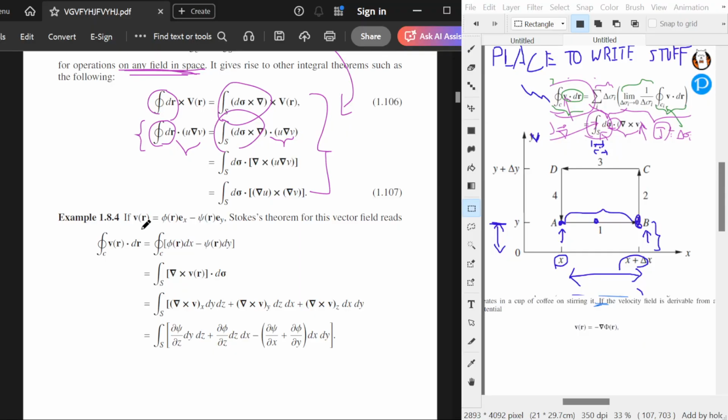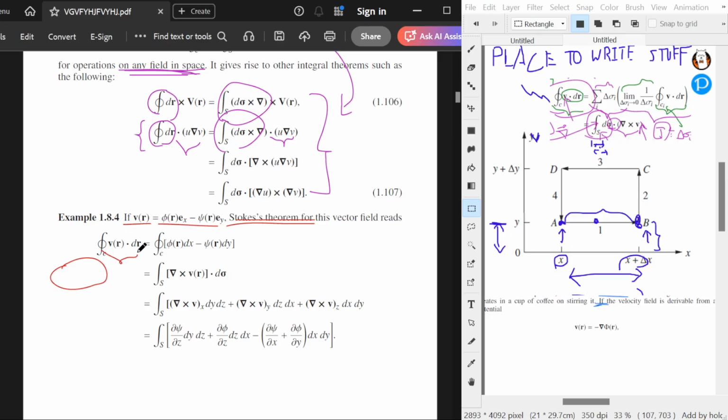All right, example. If this equals this, Stokes' theorem for this vector field reads, there's no curls here, so right off the bat I'm confused. I guess to start off Stokes' theorem, we just need to imagine a loop, and once we have a loop and some vector field, we can apply Stokes, I think.